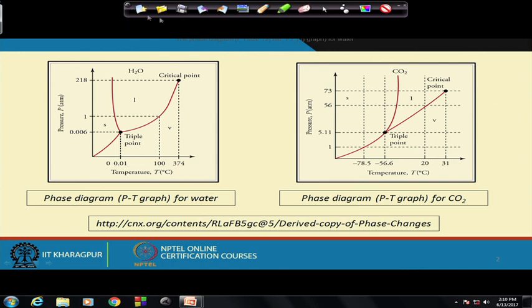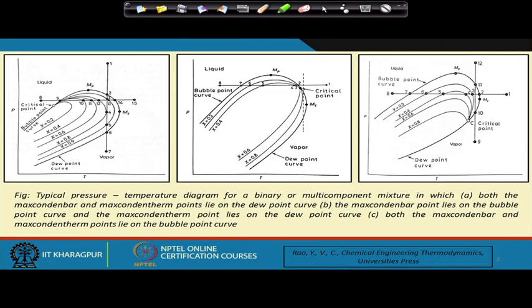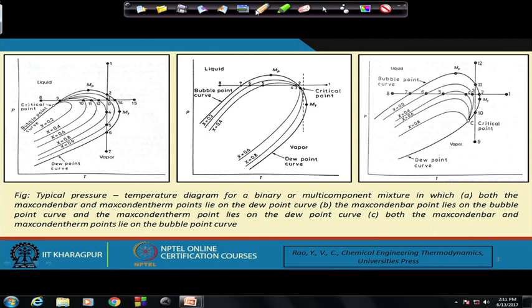Let us take up the case of a simple binary mixture. In this case, if you observe a typical pressure temperature diagram, what do we find? We find that at a fixed composition, each curve is marked by a bubble point curve, enclosed by a dew point curve, and the bubble point curve and the dew point curve meet at the critical point.